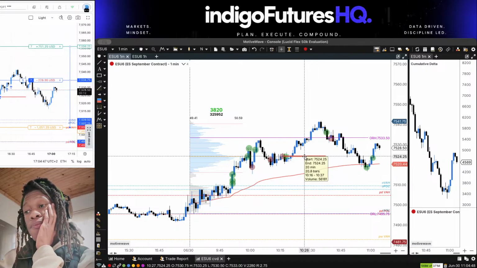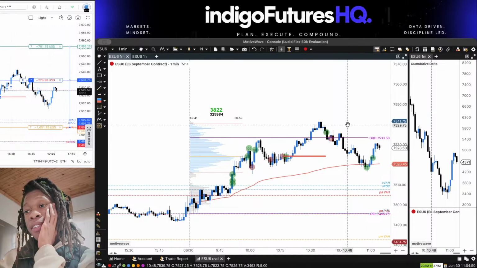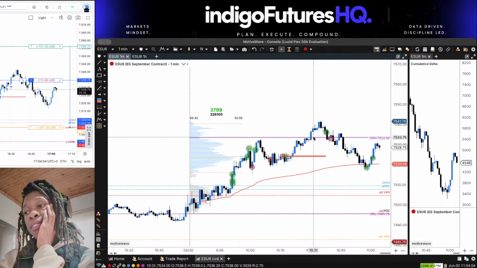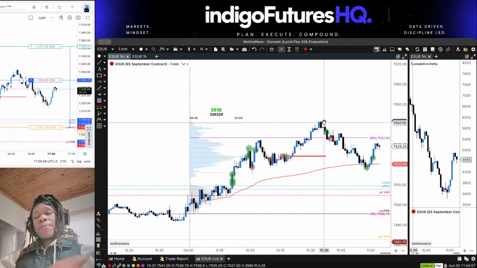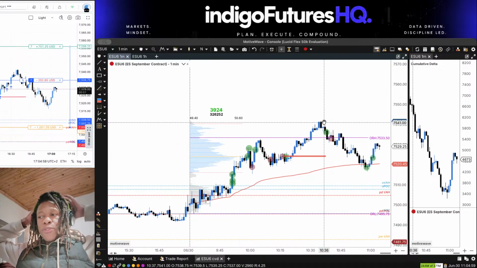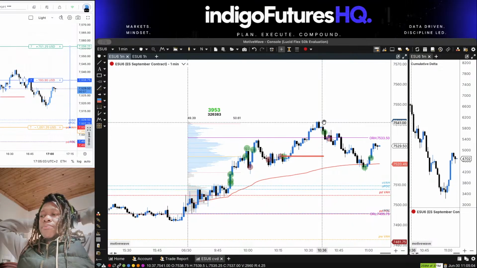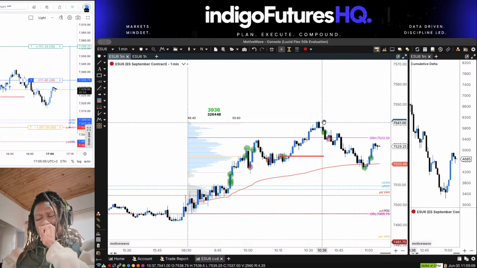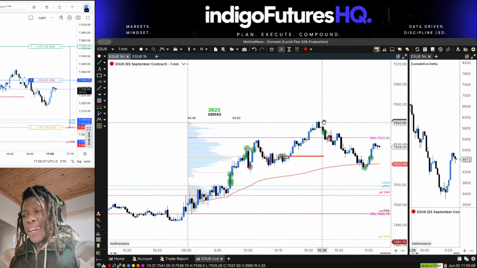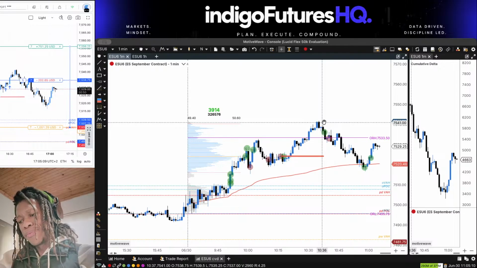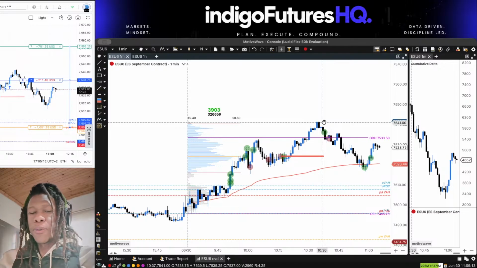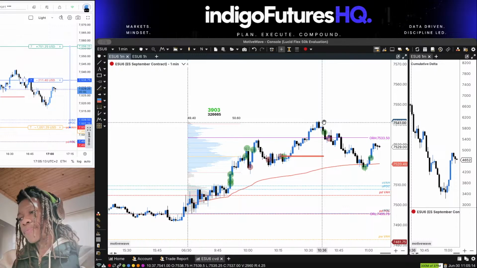But a break of 533 and a break above these highs that were set when we broke the initial balance, then maybe we go to 550, 554, 556, as I was kind of calling for. So yeah.